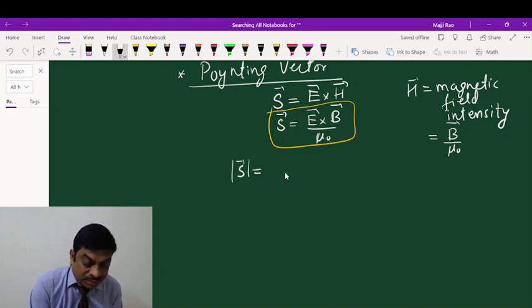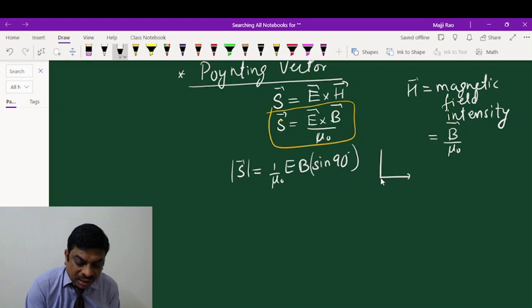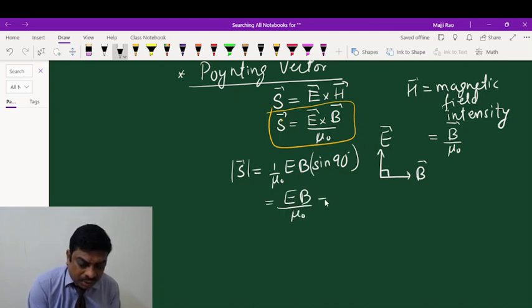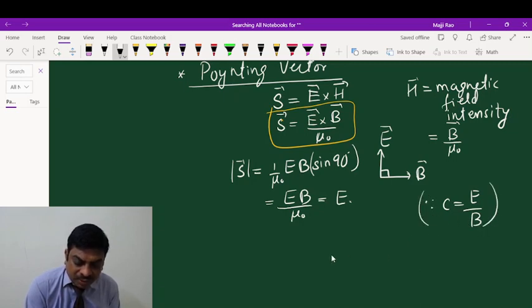The magnitude is 1 by mu naught into E B into sine 90 degrees, because the electric field and magnetic field are at right angles to each other. So sine 90 will be 1, giving E B upon mu naught. Now we all know that C is equal to E by B. Speed of light is equal to E by B. So B can be replaced by E by C.